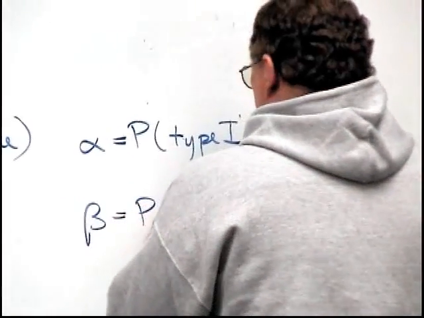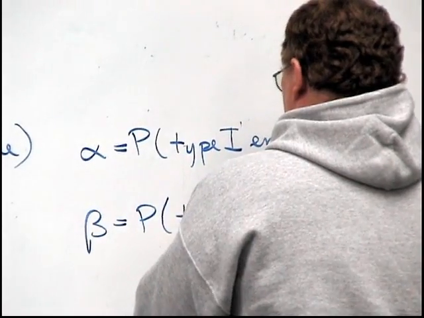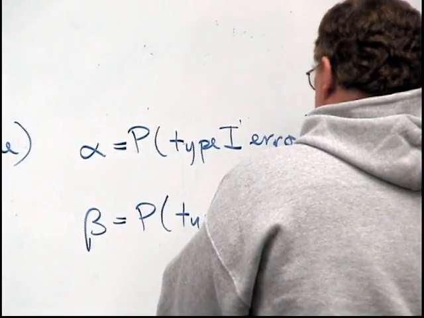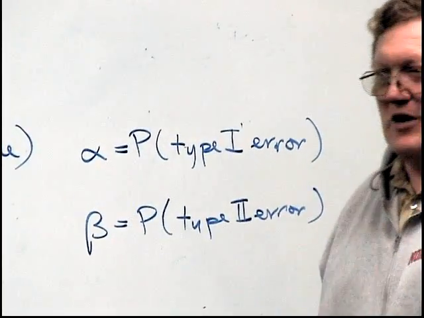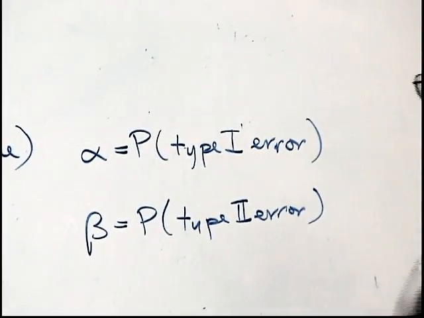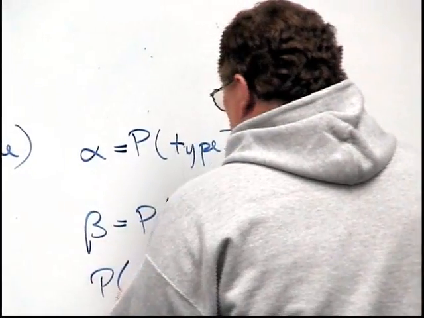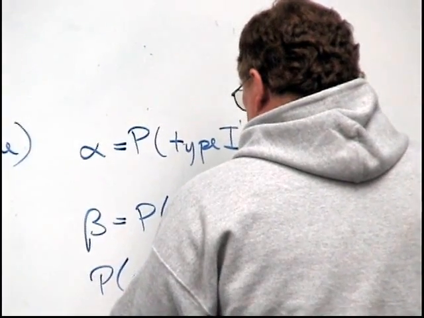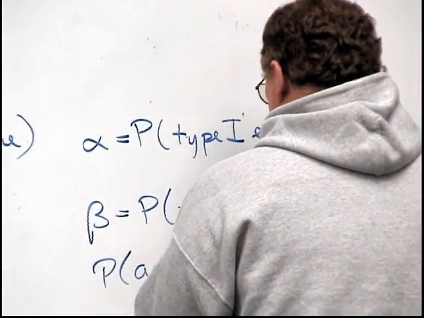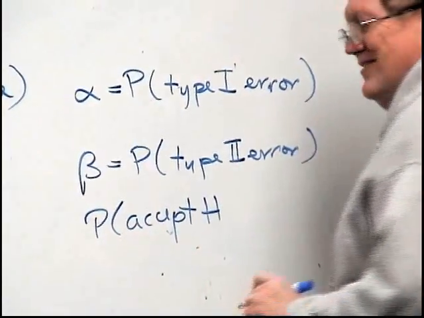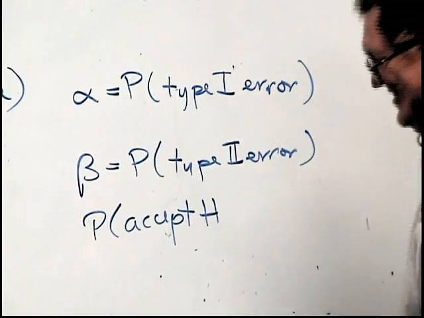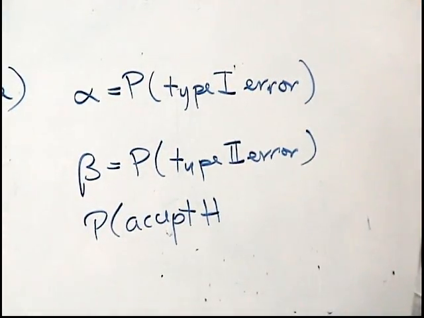What's the type 2 error? Right, it's the other way around. Now say the other way around. It's the probability of accepting, which one? Okay, you were trying. Accepting which one?